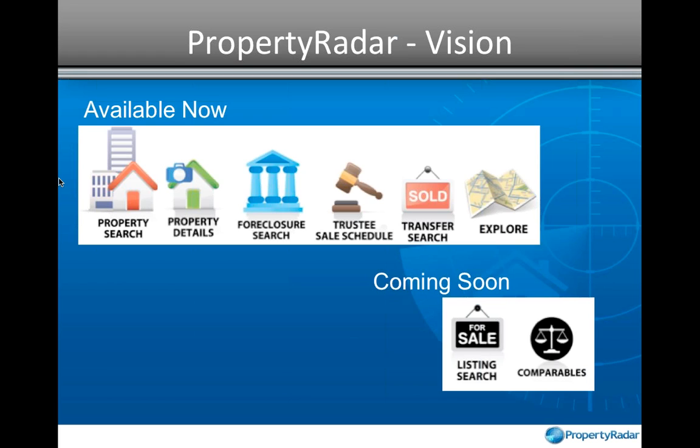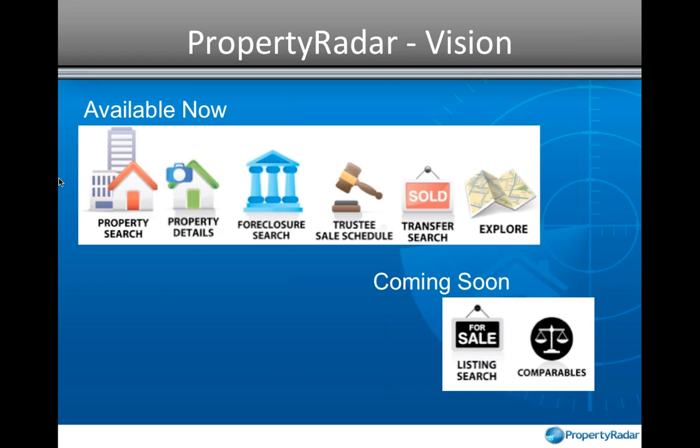In terms of the modules, what we've rolled out so far is property search, the property details, which apply to any of the searches, and foreclosure search, our bread and butter that we built the company on. Trustee sales schedule is a special version of foreclosure search that makes it easier to see what's happening at the auction each day.